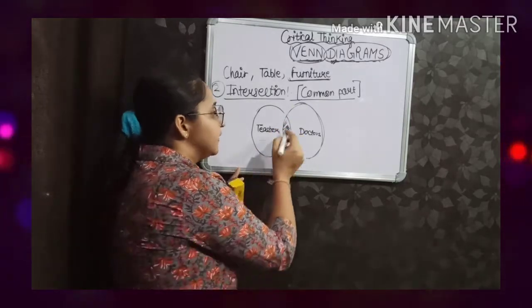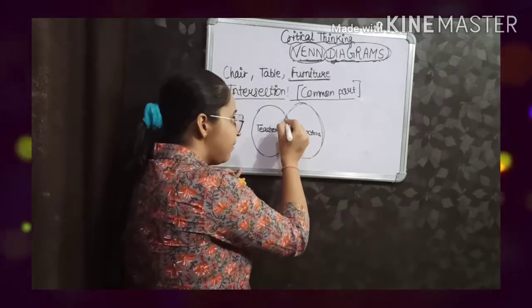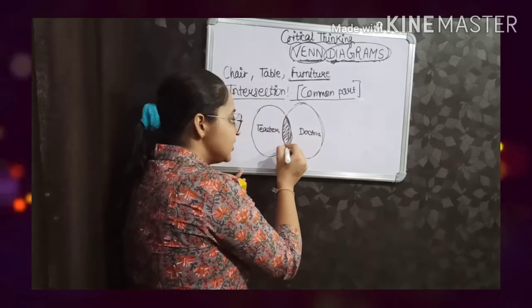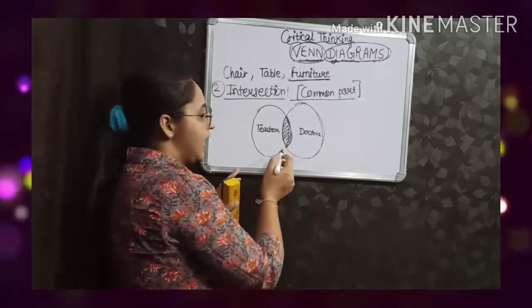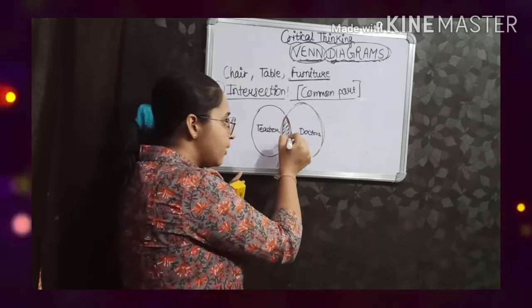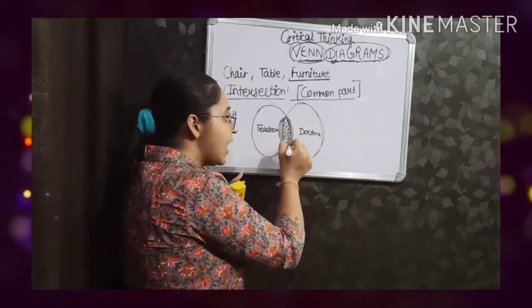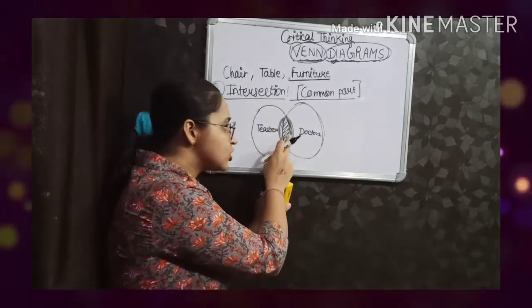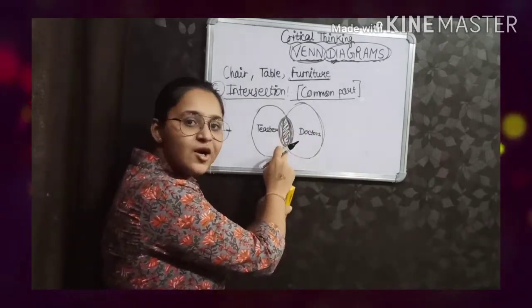See here, this middle part is a part where teachers are also present and doctors are also present. This is the common part, or the intersection part, where teachers are also present and doctors are also present.